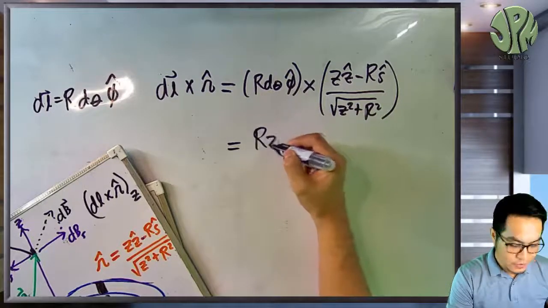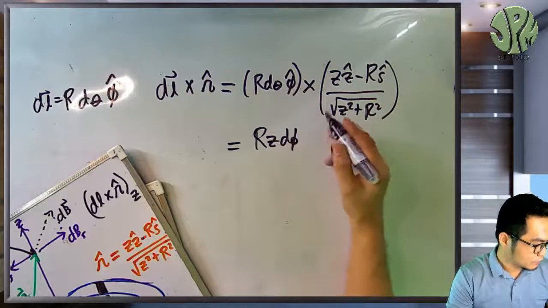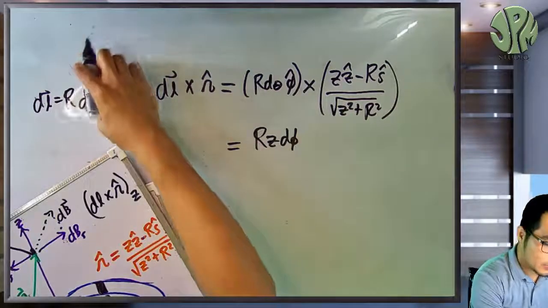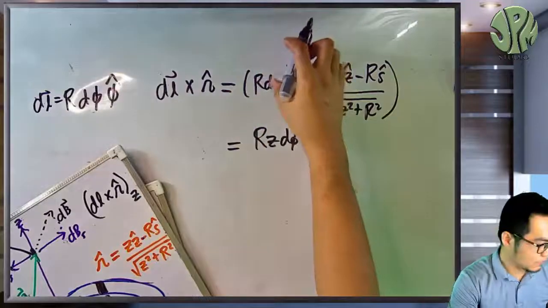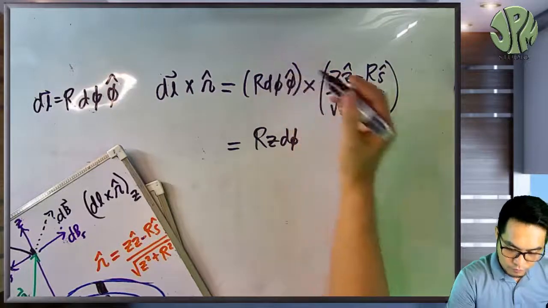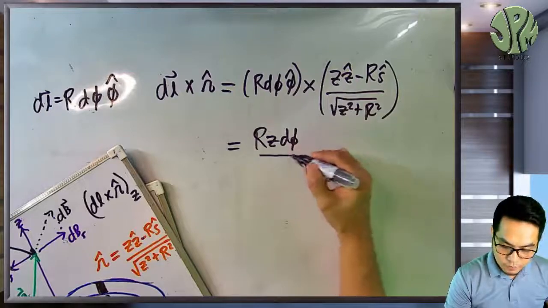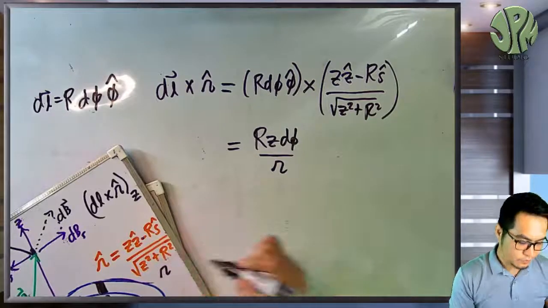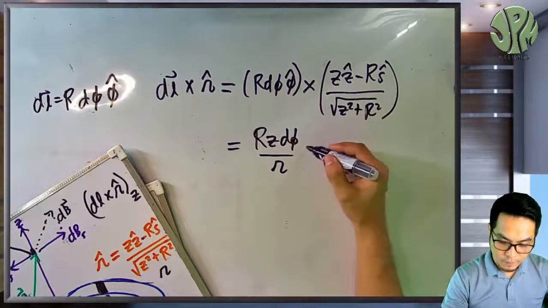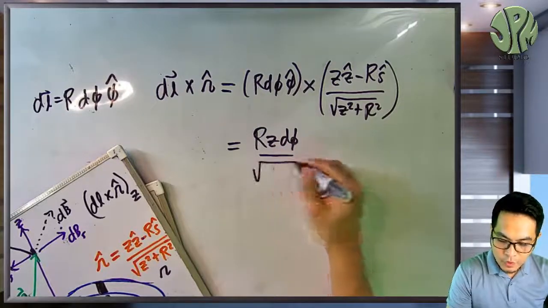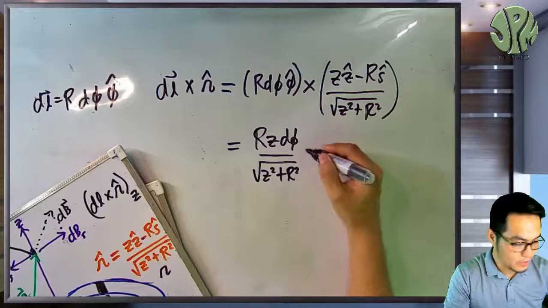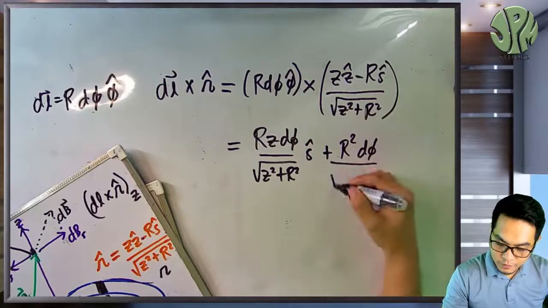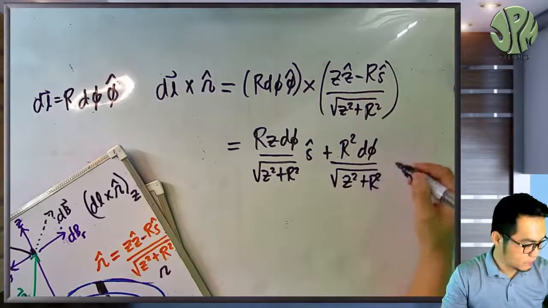So you will have Rz dφ over the separation, this is the magnitude, over the square root of z squared plus R squared, since we expanded this. This is the s hat, plus R squared dφ over the square root of z squared plus R squared z hat.